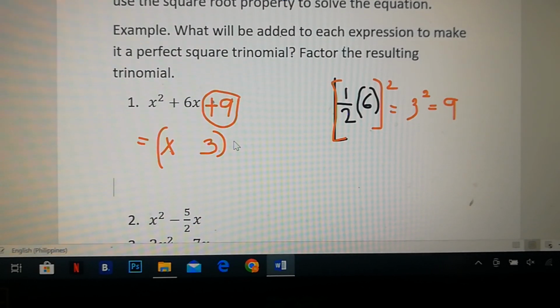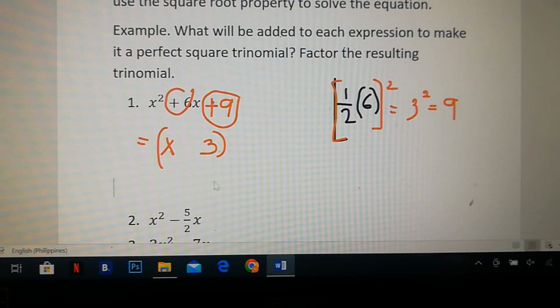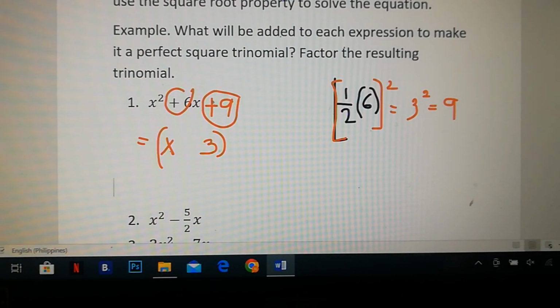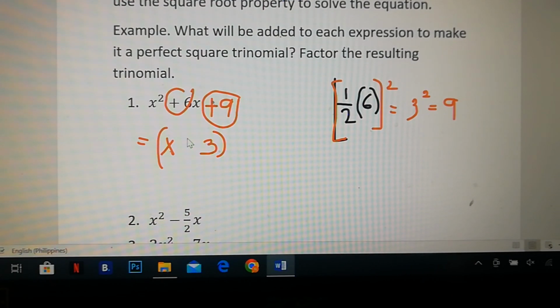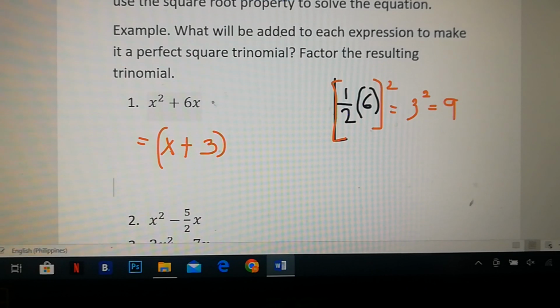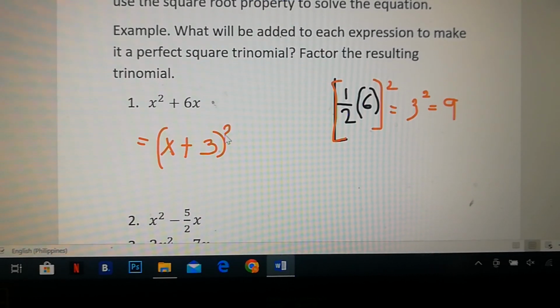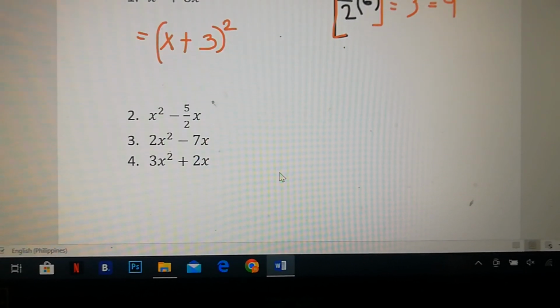To determine the sign of the binomial, it is only the sign of the middle term, which is plus. So this is x plus 3 quantity squared.